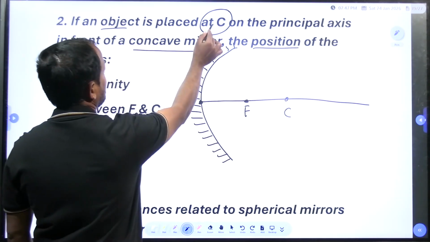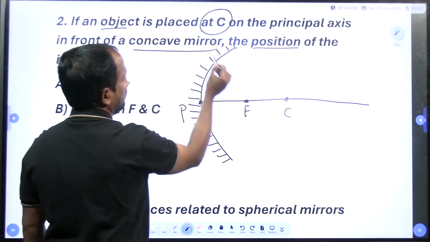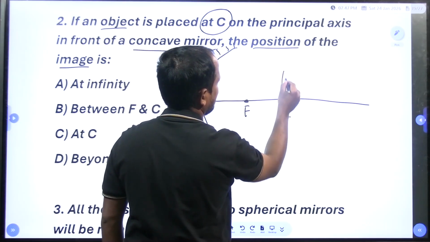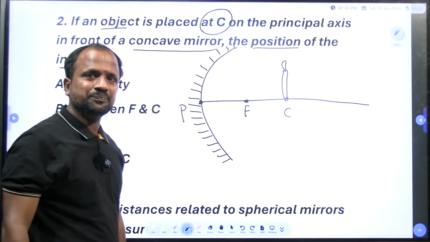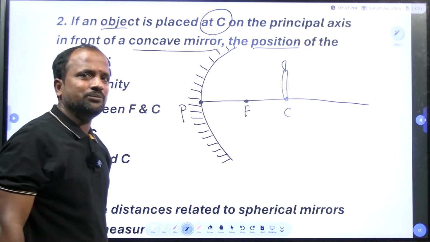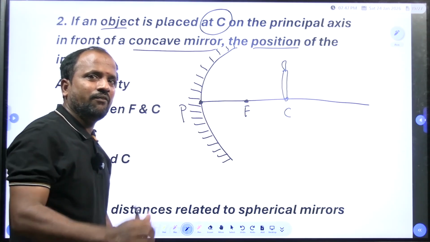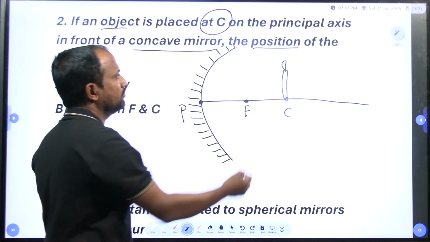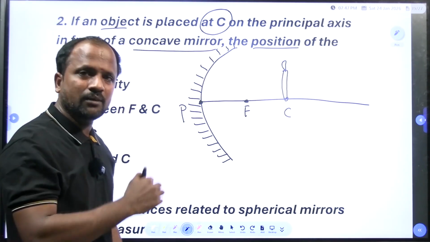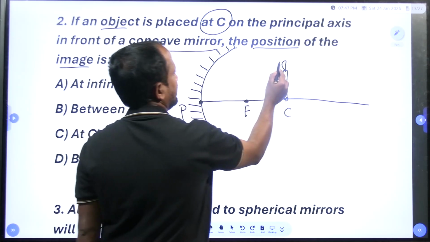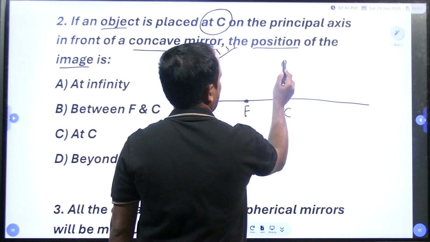Now, where is the object placed? On the principal axis, right here, the object is placed. For this object, where is the image going to be formed? Okay, so we will follow two ray diagrams. By following the ray diagrams, we are going to draw the image.